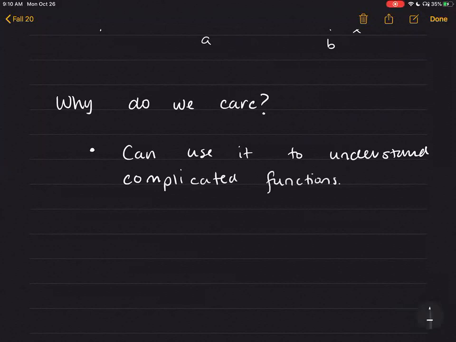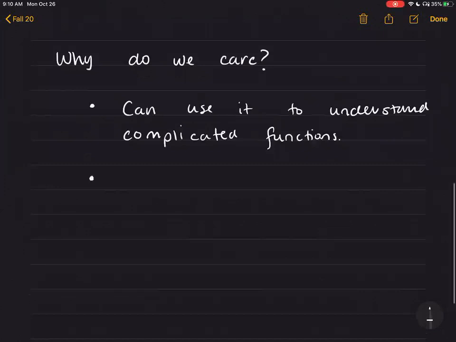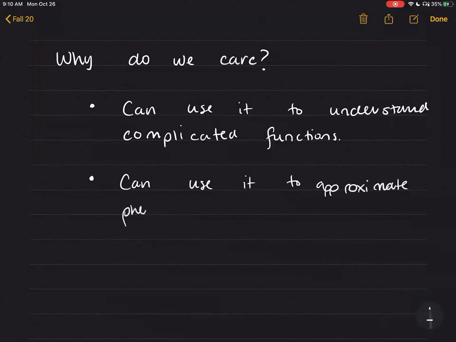So if we have a function and it's really messy and we don't really understand what's going on, we can use the average rate of change to get a handle on what it looks like, or at least how it behaves. And the second point is we can use it to approximate phenomena. There are other reasons why the average rate of change is important, but these are the main ones that we care about in this class.